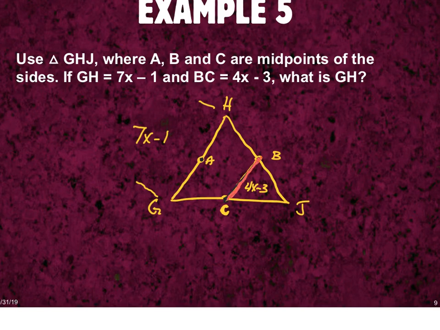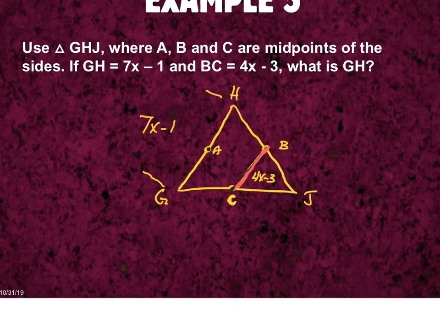Because BC is a mid-segment, it is half of 7x minus 1. Or, if you'd rather write it this way, I think it's easier: GH, that longer line there, is twice the size of BC. We know that. So let's just plug in now.